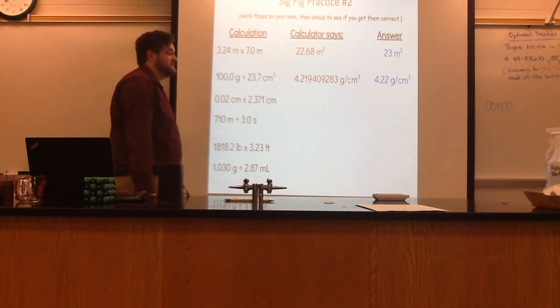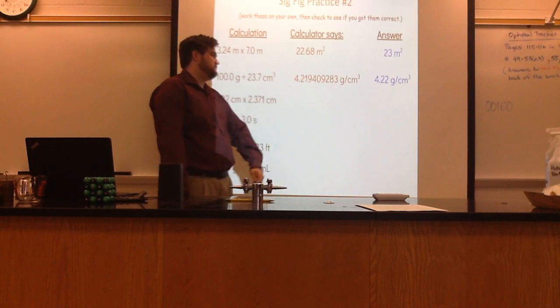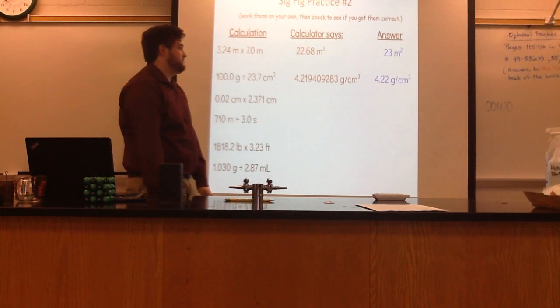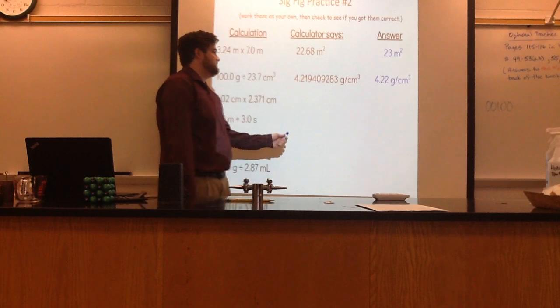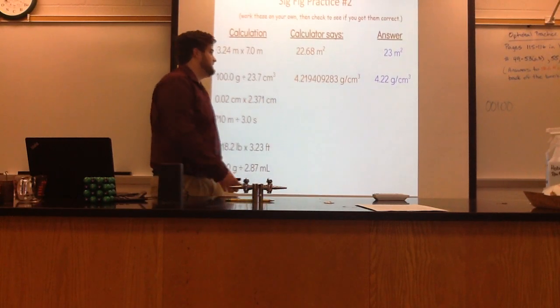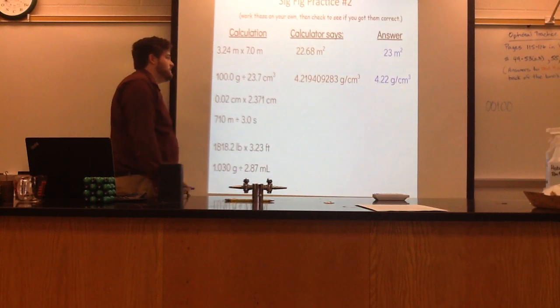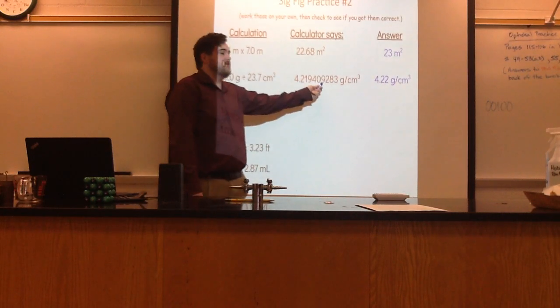So this is kind of an example of that. The calculator carries this out to 4.219409283. With numbers like these, is it really realistic for us to assume that it goes out this far? No, not really. Especially in a measurement, if we measured these in real life, there's no way we could accurately say that it goes out this far.